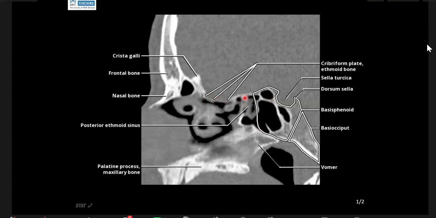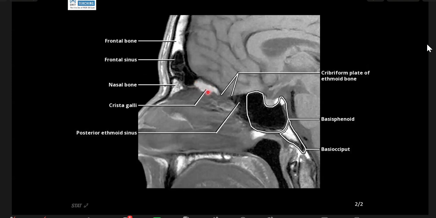This is the cribriform plate of the ethmoid. The centermost portion, this is the crista galli, where there will be fat, and it's a landmark even on MR. Here you are. On MR, there is fat, so it appears bright signal. And again, the modality changes, anatomy does not.